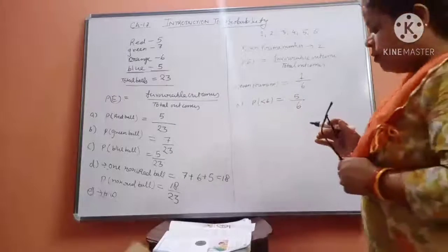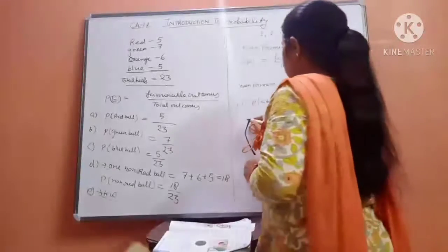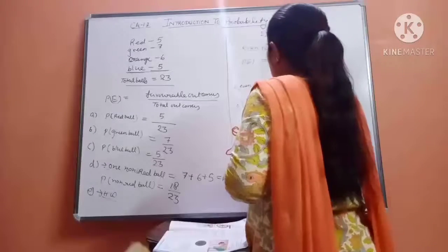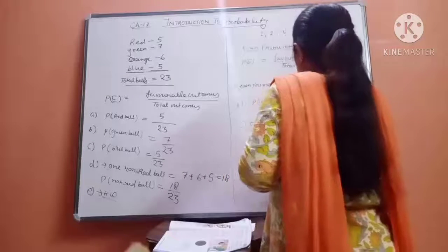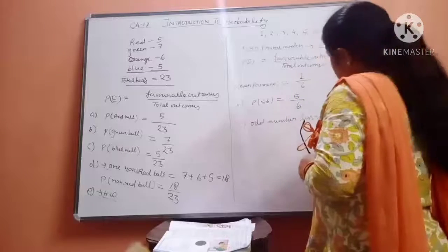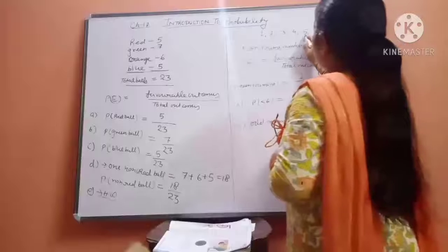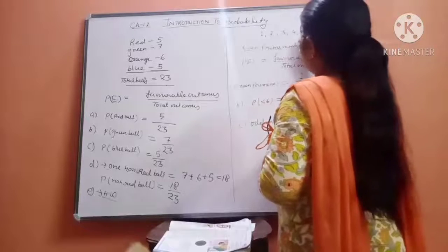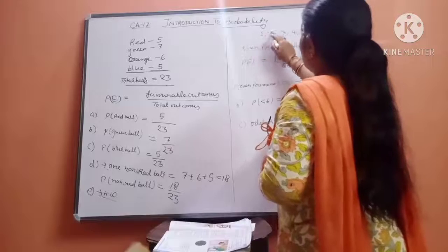Now come to the odd number less than 5. In C part you have to find the odd number less than 5. Less than 5 means we cannot take 5 also. So odd numbers will be 1 and 3.